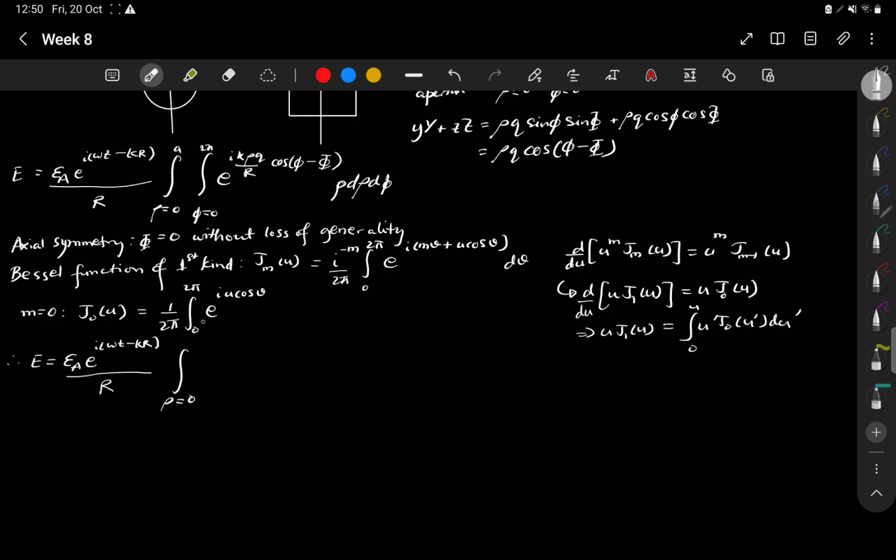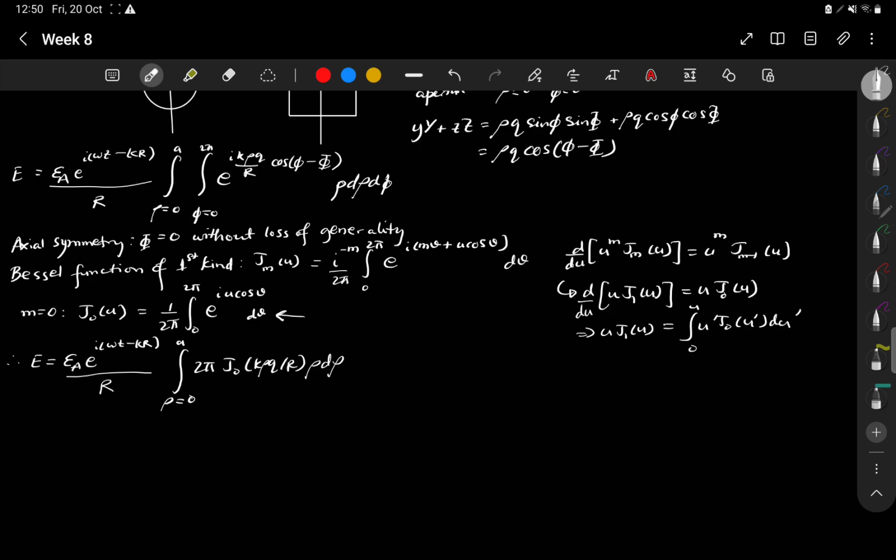For the angular integral, we would use this. And how we got this?